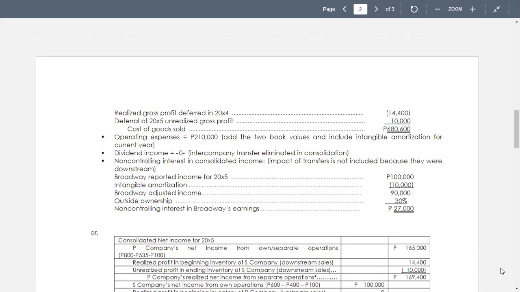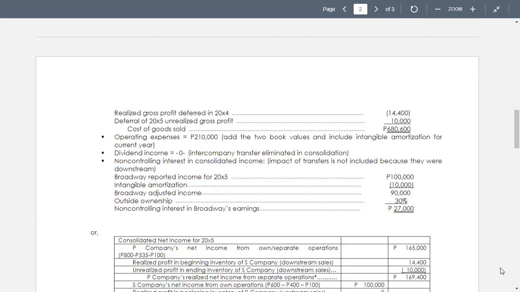680,600 pertaining to the realized refers to the ending inventory and the unrealized, the realized refers to the beginning inventory and the unrealized to the ending inventory. So we now get the amount of 680,600. Okay, now the amount of 72,000. BB sold BW inventory costing 72,000 during the last 6 months of 20x4.